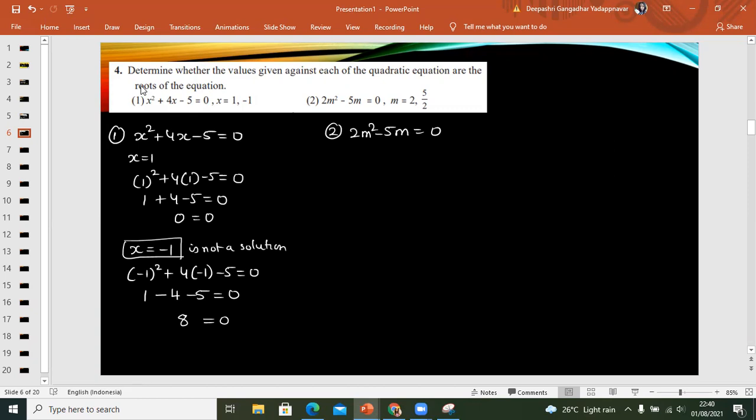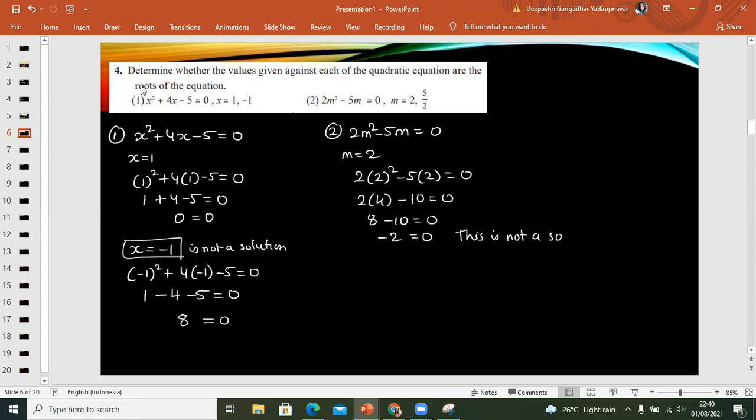Here also we will substitute m = 2 first. 2 times 2² is 8, minus 5 times 2 is 10, so 8 minus 10 is negative 2. Now this is not 0, so this is not a solution of this equation.